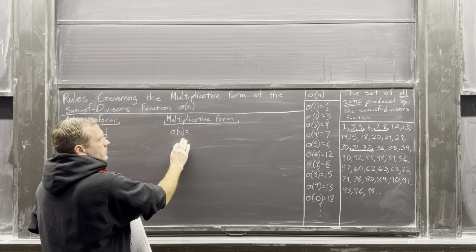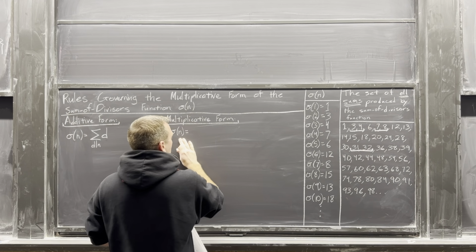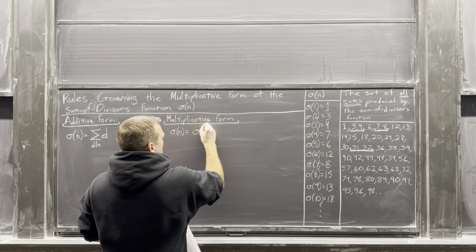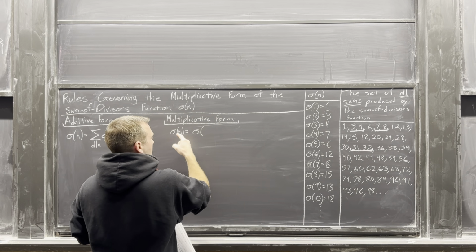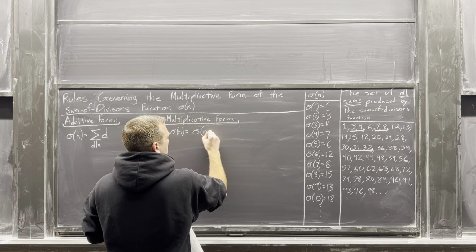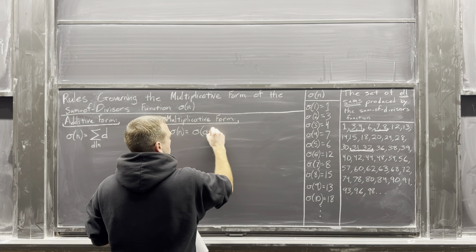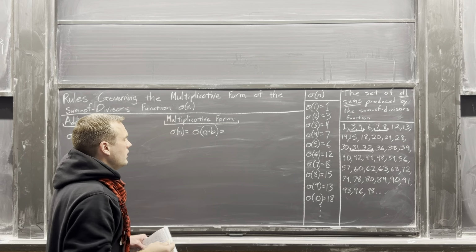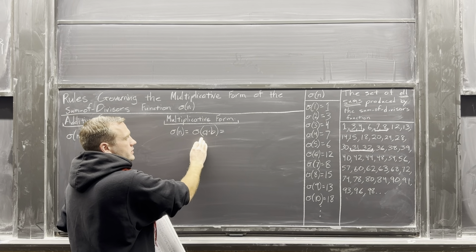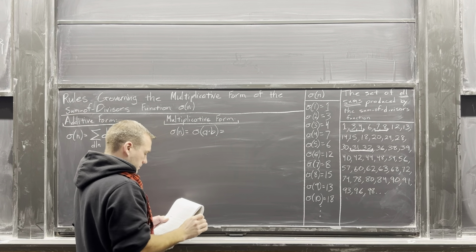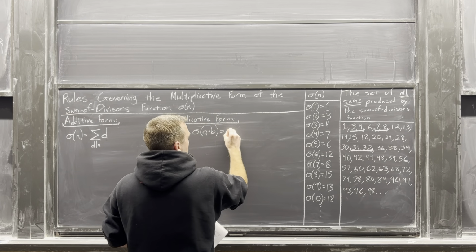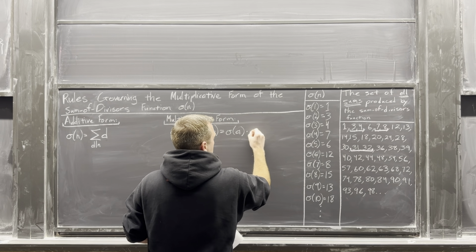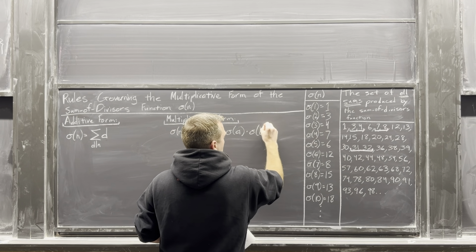So we have sigma of n, the Sum-of-Divisors of a positive integer n, looks something like this, where we take n and we split it up into what we call our coprimes. That means each one of these numbers is built off a separate prime. And this will equal sigma of A times sigma of B.